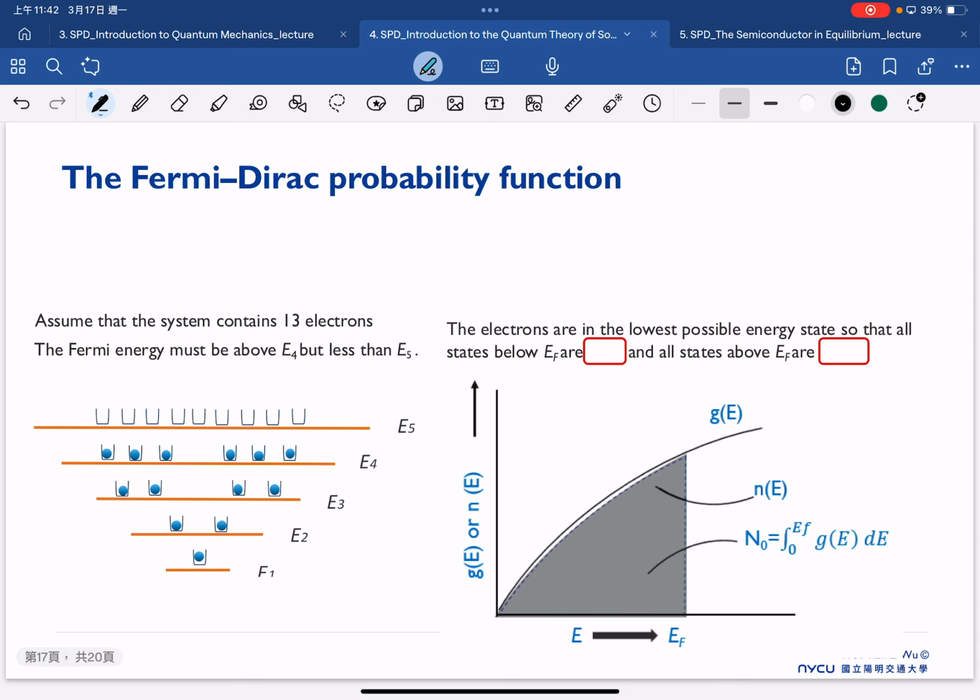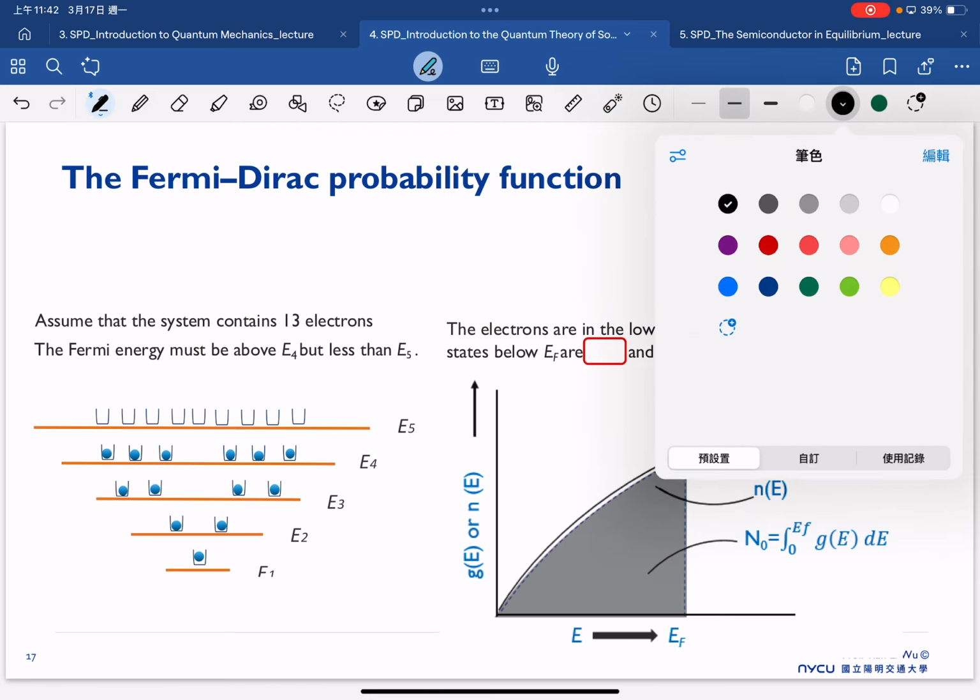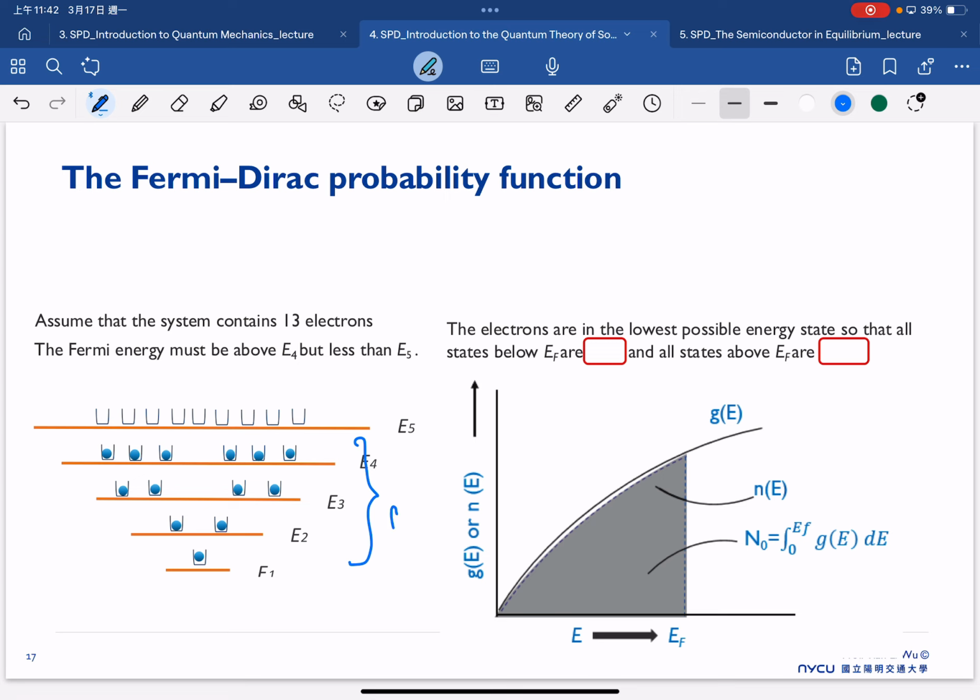Now we go a little bit further, because we want to combine these two together. Assume that the system contains 13 electrons, and we have discrete energy states 1, 2, 3, 4, 5 here. These are all filled, and these are all empty.